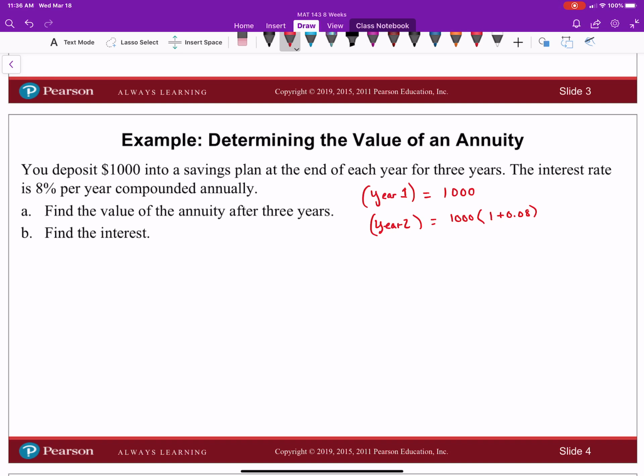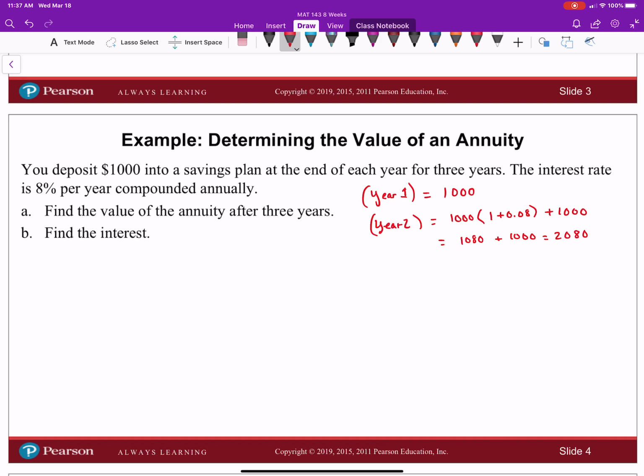Now, if you think about it, that's just your future value formula. Then we added another 1,000 at the end of that year. We multiply that, so it's going to be $1,080. Then plus the 1,000 that we put in, and we end up with $2,080.